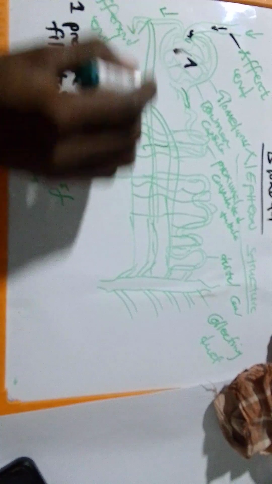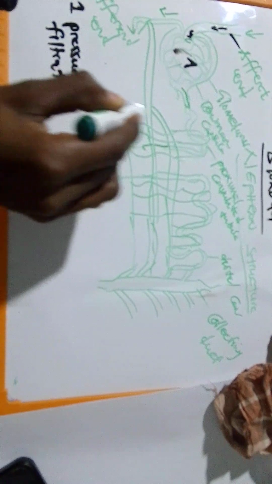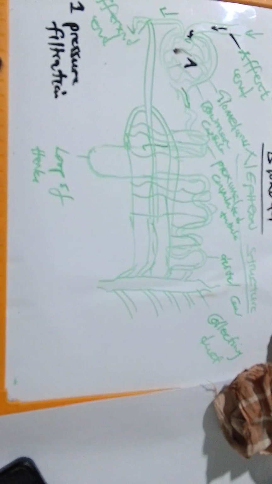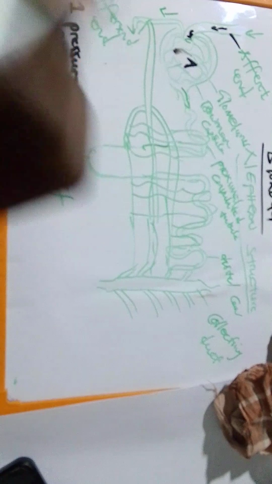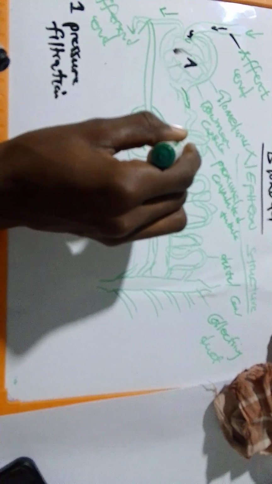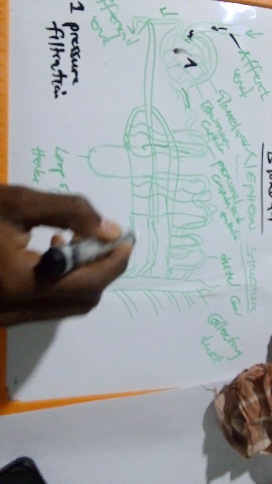So the reason why these capillaries are convoluted or mixed within this tube is for the purpose of what you call reabsorption. So at a point where the capillaries and this tube meet, the capillaries, let me change the color.